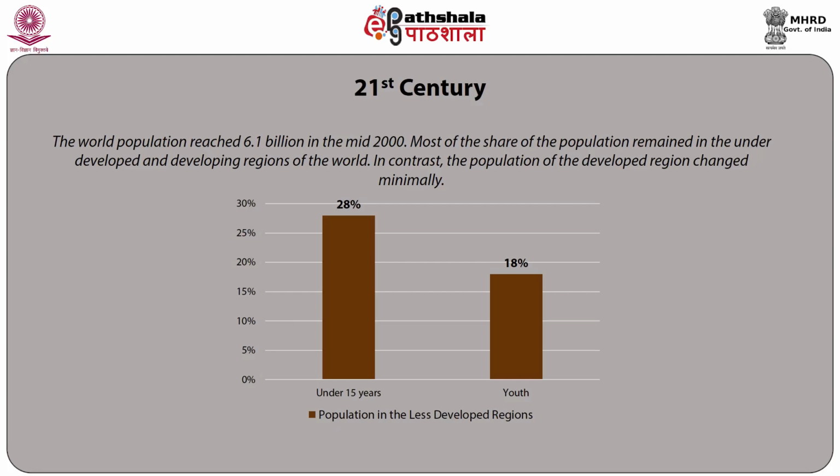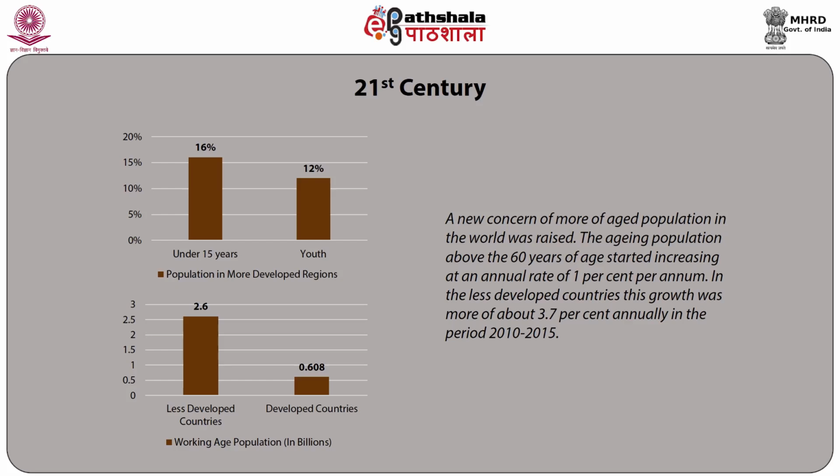The population in the less developed regions remained relatively young, with children under 15 years of age accounting for about 28% of the population, and young persons accounting for about 18%. In the more developed region, the children and the youth account for 16% and 12% of the population respectively.